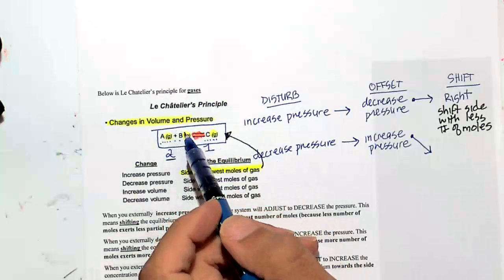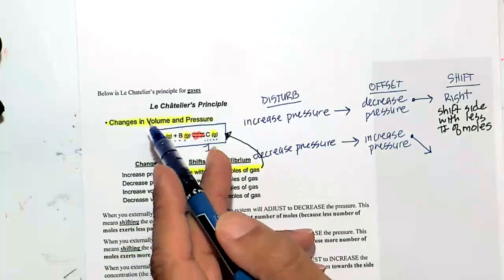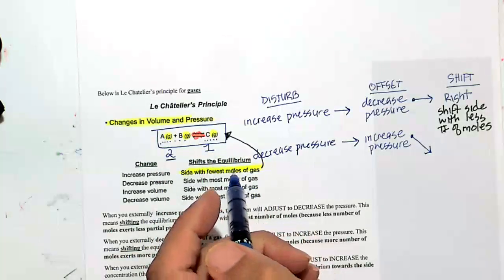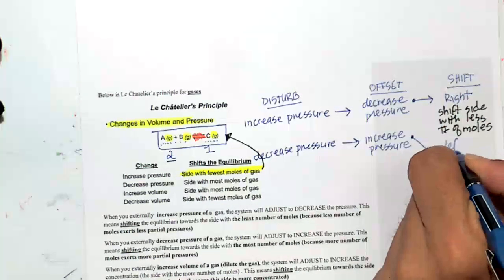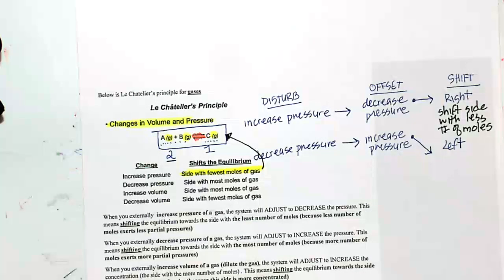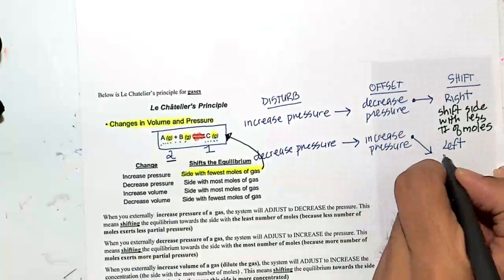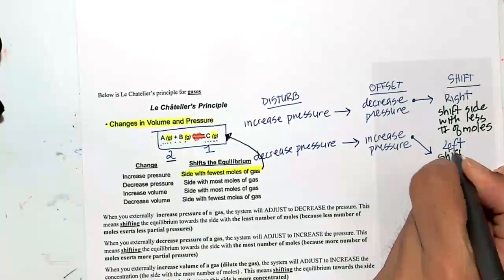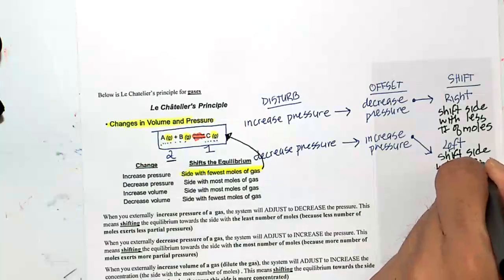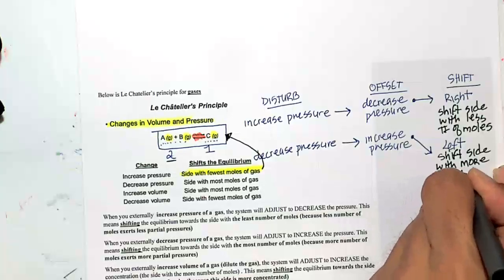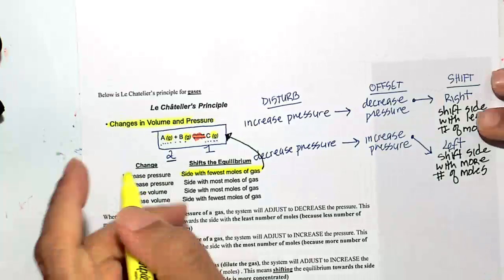So if we decrease the pressure, the reaction will shift to the side with increased pressure. For this reaction, it's going to shift to the left, to the side with more number of moles. And that's what we see here.